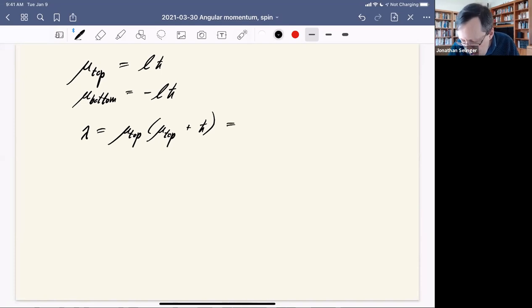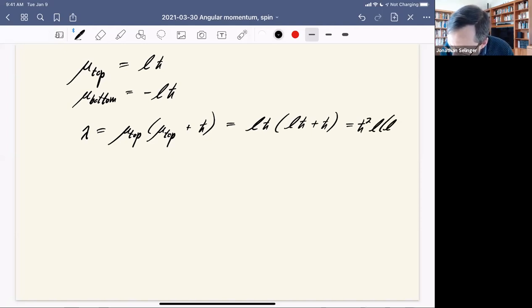So this is L h bar times L h bar plus h bar. So if we factor out the h bar squared times L times L plus 1. And the whole thing better work also if I do the same calculation with the bottom.